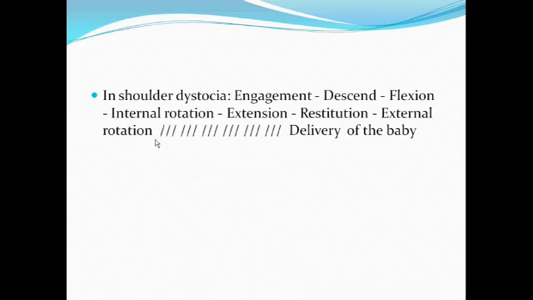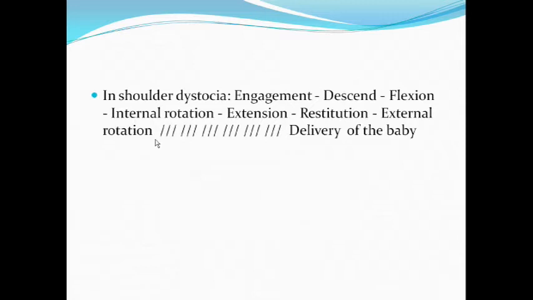So in shoulder dystocia, after the external rotation, the anterior shoulder hinges behind the pubic symphysis, and the delivery is difficult. Here the baby is stuck, the anterior shoulder and the posterior shoulder stuck in the pelvis, and it's very difficult to deliver.